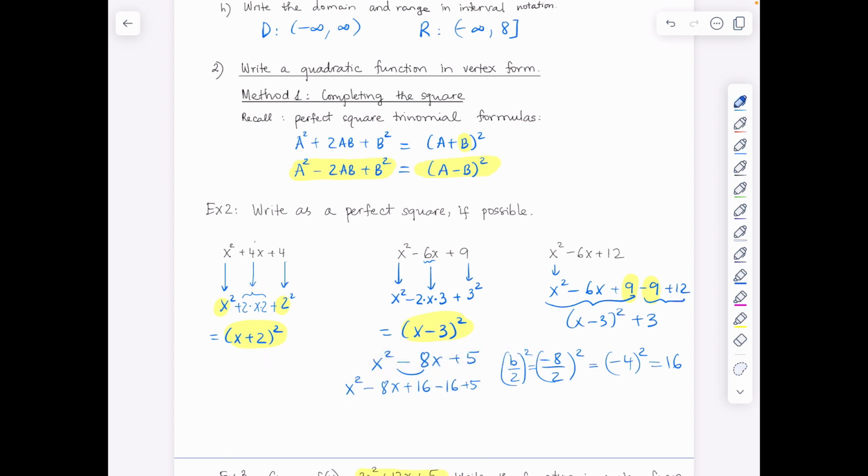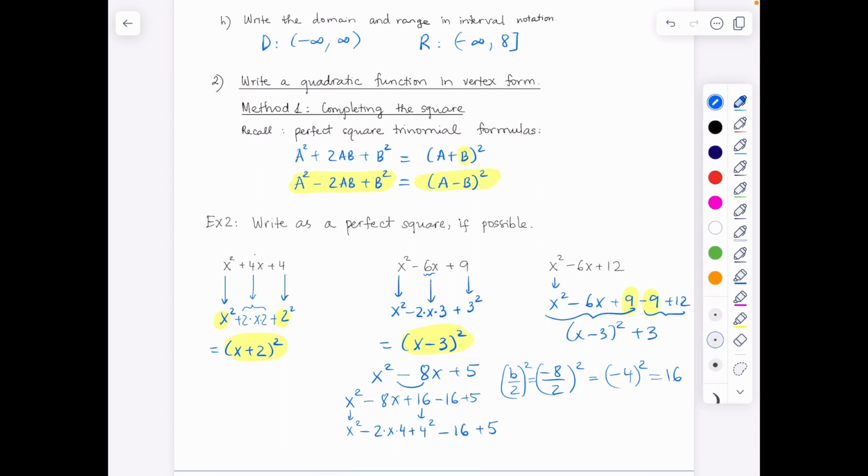So this right here, that's an x squared, that's a 4 squared, and the middle term is minus 2 times ab, and that multiply exactly to negative 8x, and then bring down the minus 16 plus 5. These three terms will form x minus 4 squared, and then combine these two, we get minus 11.